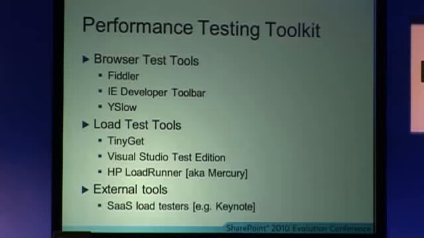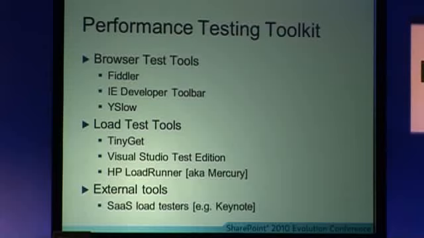In terms of load testing and performance testing, there's a number of tools there. TinyGet is what some of the Microsoft product groups use. It doesn't have a nice UI. It doesn't generate lots of nice reports that you can show to management, but it gets the job done. It's a very lightweight tool for doing that. Visual Studio has performance testing tools inbuilt, provided you've got the right version.